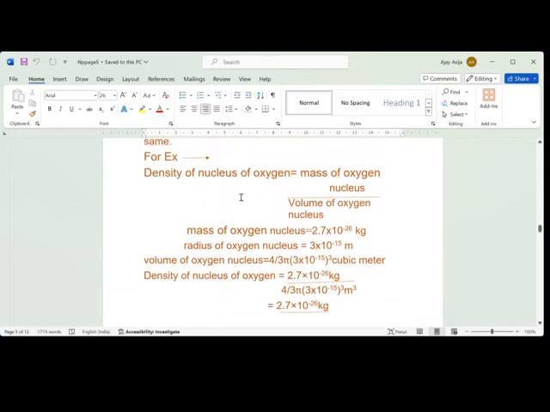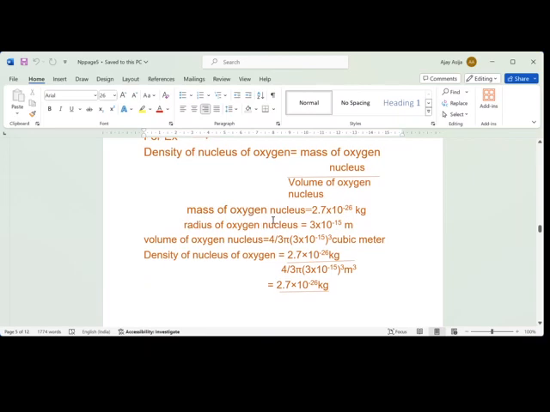To find the density of the oxygen nucleus, what do we require? The mass of the oxygen nucleus and the volume of the oxygen nucleus. To find the volume, we require the radius of the oxygen nucleus. So these two parameters are here. The mass of the oxygen nucleus is 2.7 × 10^-26 kilogram. The radius is 3 × 10^-15 meter.